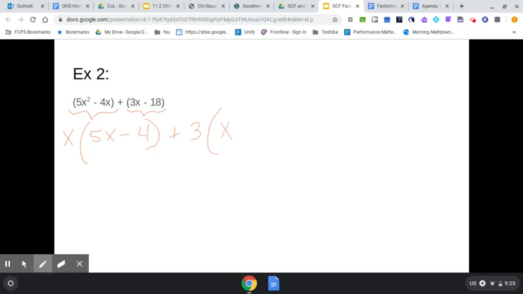And 3 times what will give me negative 18? Well, 3 times negative 6 is negative 18. Looking at those residual factors, we have 5x minus 4, and we have x minus 6. They do not match, so box it. That is your factored form.